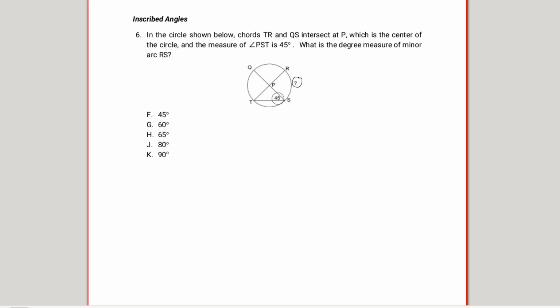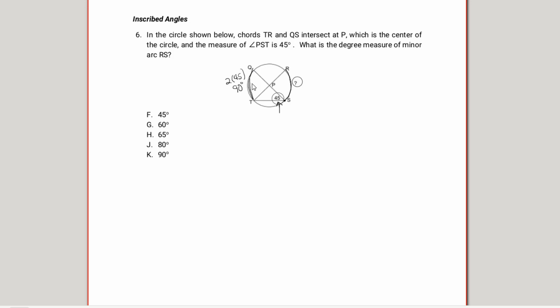So we are looking for this arc, the degree measure of it. We know that we could find the measure of this arc given this angle. It is 2 times the inscribed angle, so 2 times 45, which gives us 90 degrees. That is the measure of this arc, QT.